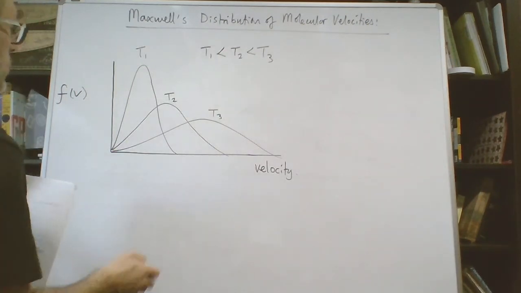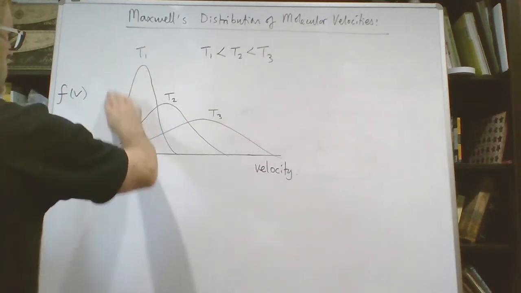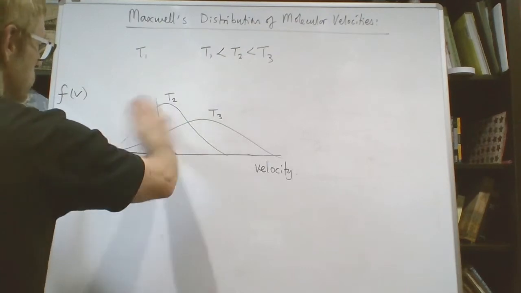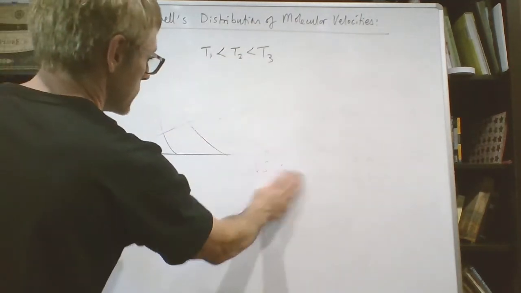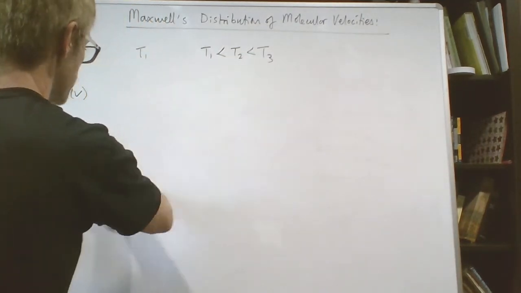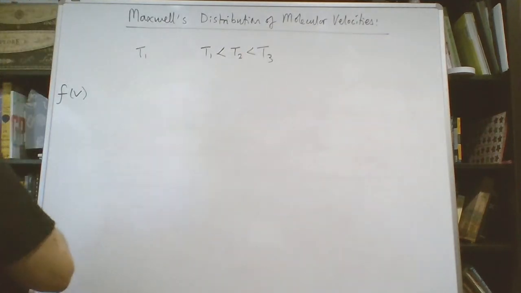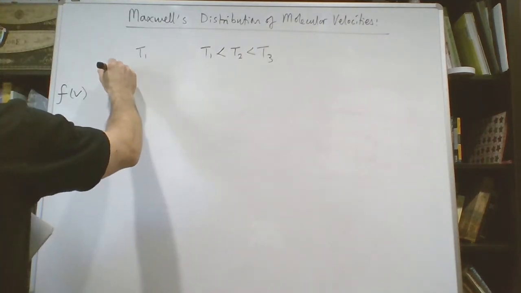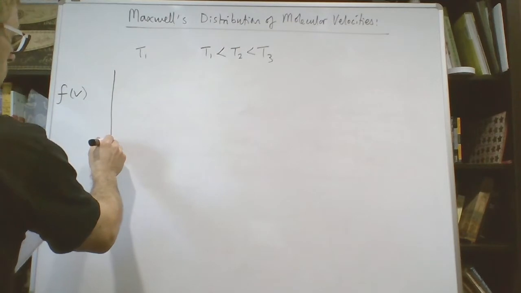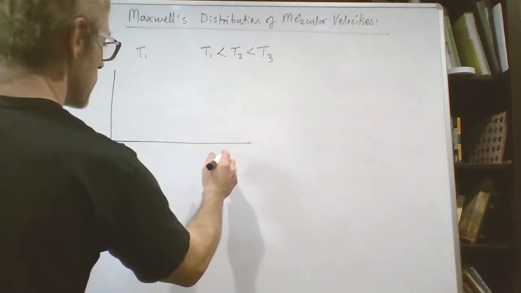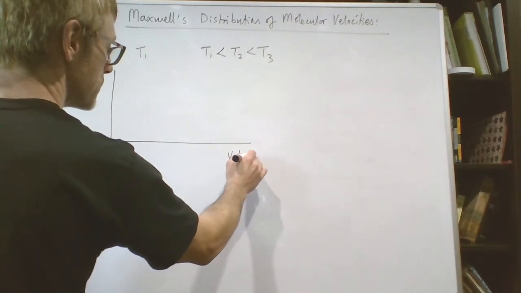I'm actually going to erase my diagram because the key thing I was going to show you, I don't think I've shown you the way I drew that diagram. I was trying to show you the asymmetry of the plot. So I will try a bit harder this time. Velocity.